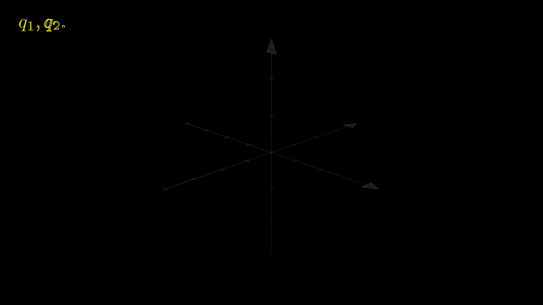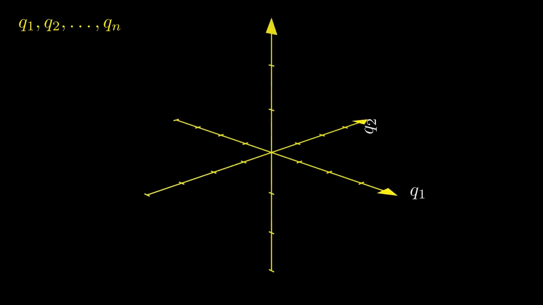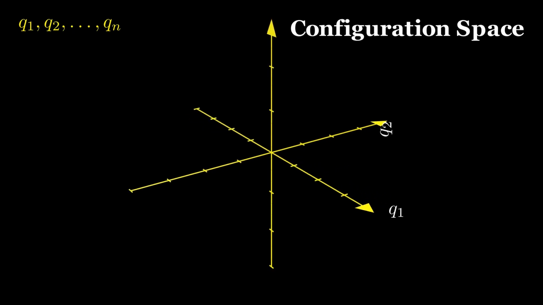If the system is subject to constraints, we can define its instantaneous configuration using a set of n independent variables known as generalized coordinates, q1, q2, up to qn. You can imagine an abstract n-dimensional Cartesian hyperspace where each of these n generalized coordinates forms a distinct coordinate axis. This n-dimensional space is the configuration space.